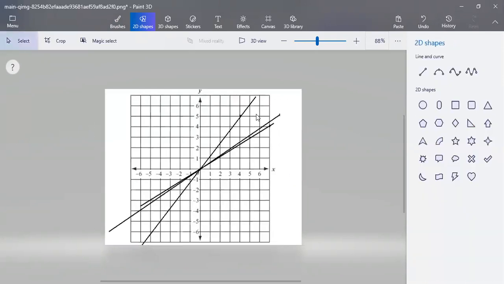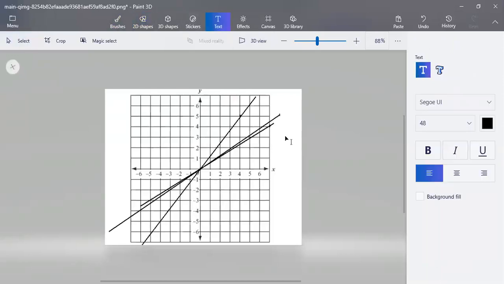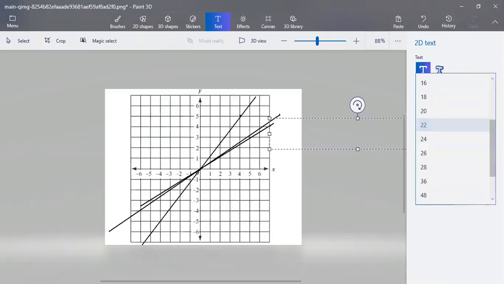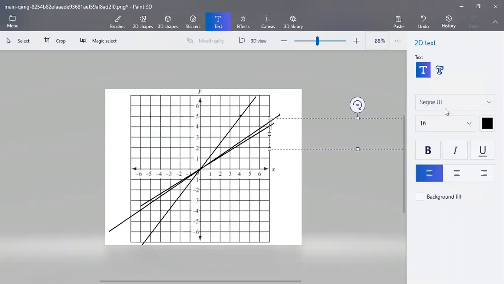Okay, so let me name these so that you will not get confused. Let me just open up the question and look at the names.